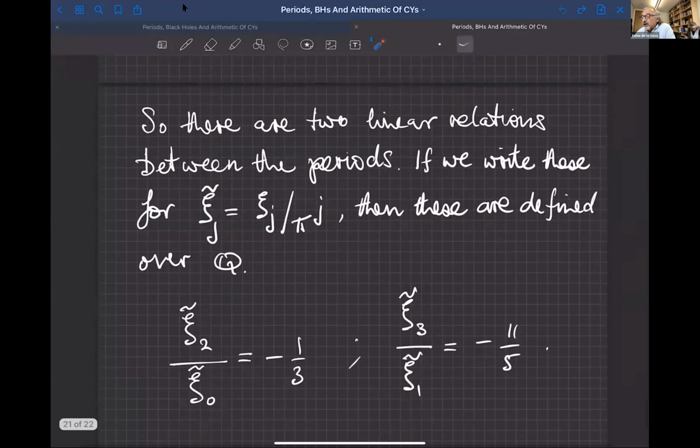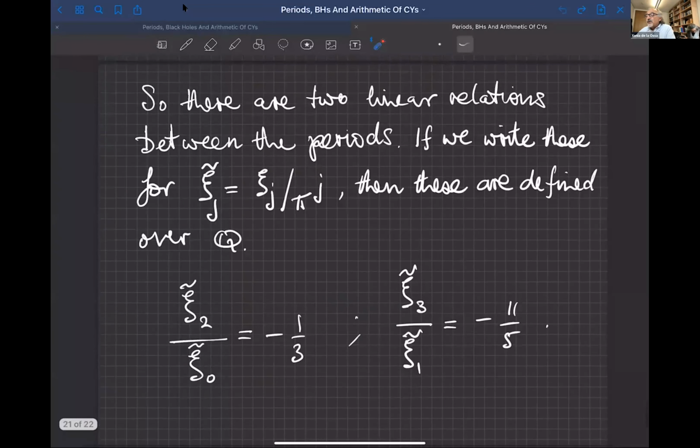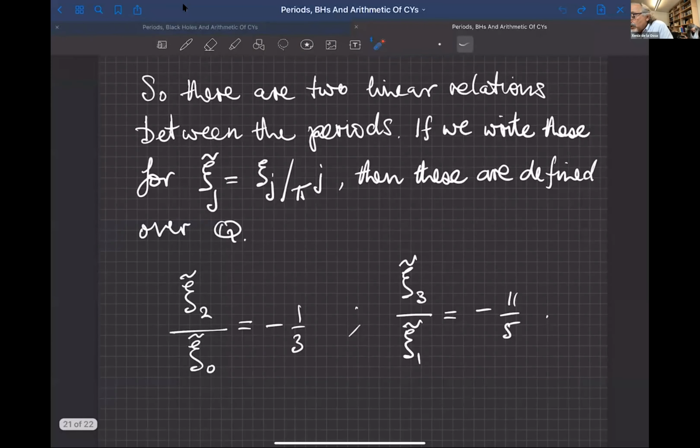If we write ψ twiddle as ψ_j over π^j, it turns out that there's a sort of transcendentality degree here in which π counts 1 and ψ_j has transcendentality degree j. So if you divide ψ_j by π^j, you define something called ψ twiddle, then these linear relations are simply ψ2 twiddle over ψ0 twiddle is minus a third, and ψ3 twiddle over ψ1 twiddle is minus 11/5.